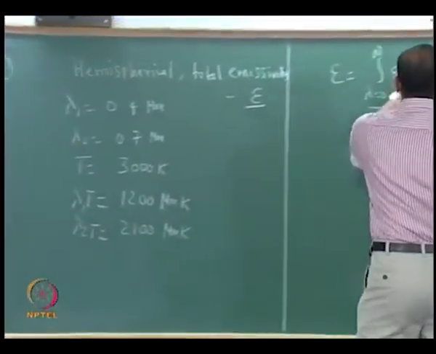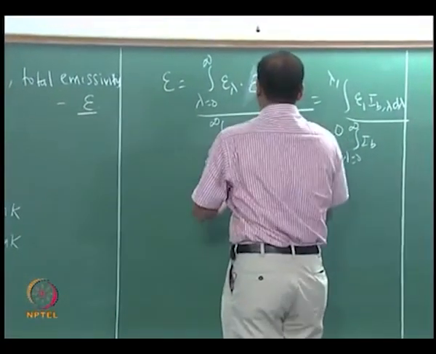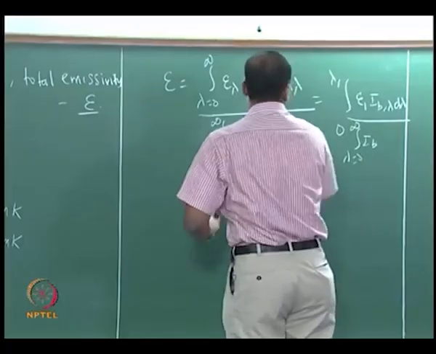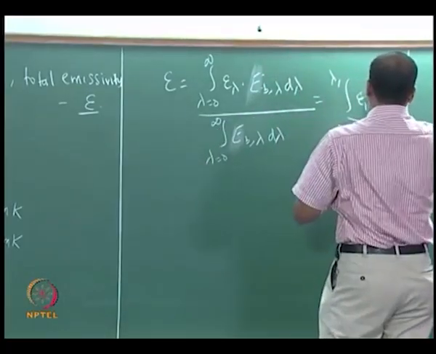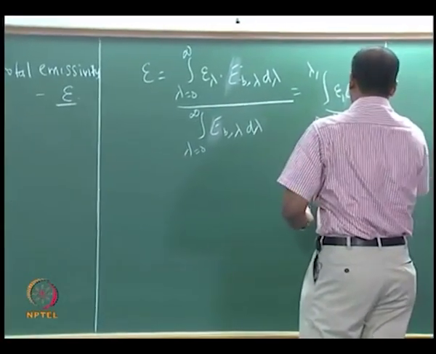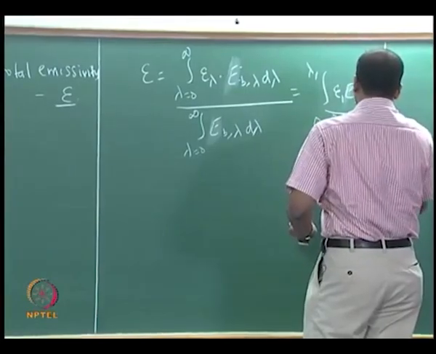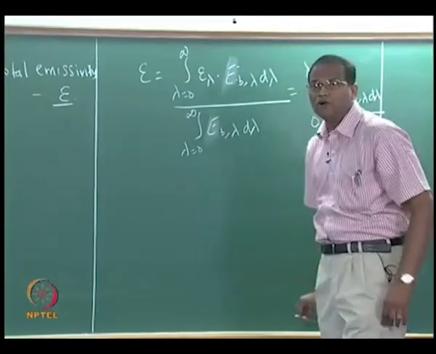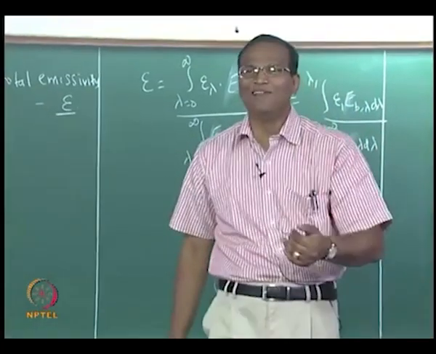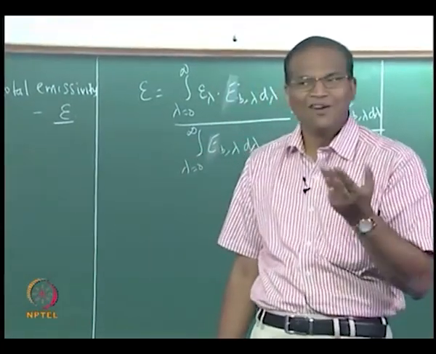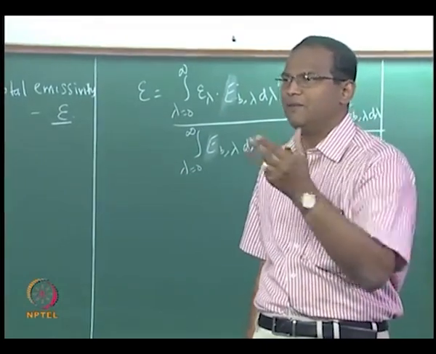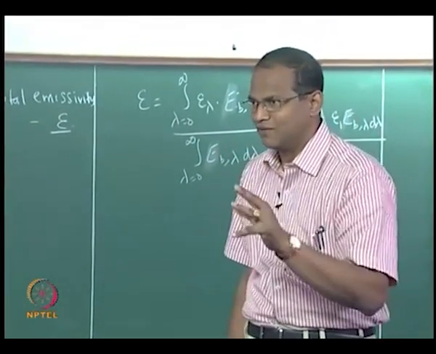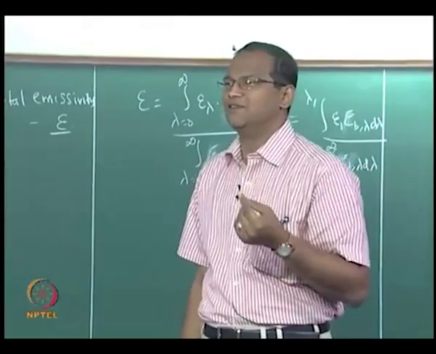This is better. There is no problem in using either IB lambda or EB lambda, but do not use EB lambda in numerator and IB lambda in denominator, then all the answers will be off by a factor of pi or 1 by pi or whatever. You may get incredible emissivities.